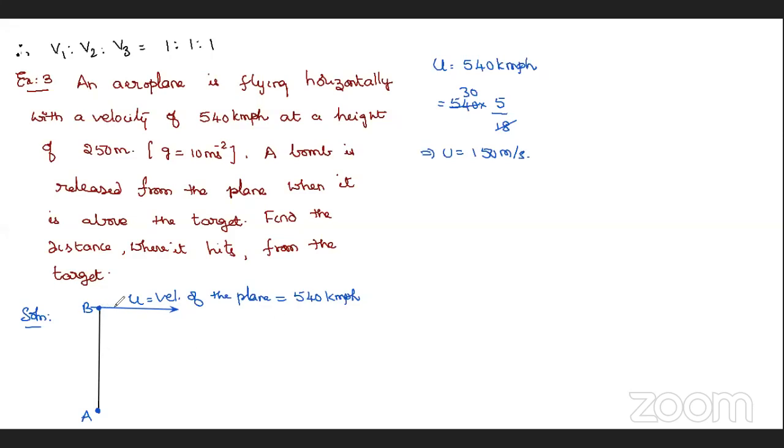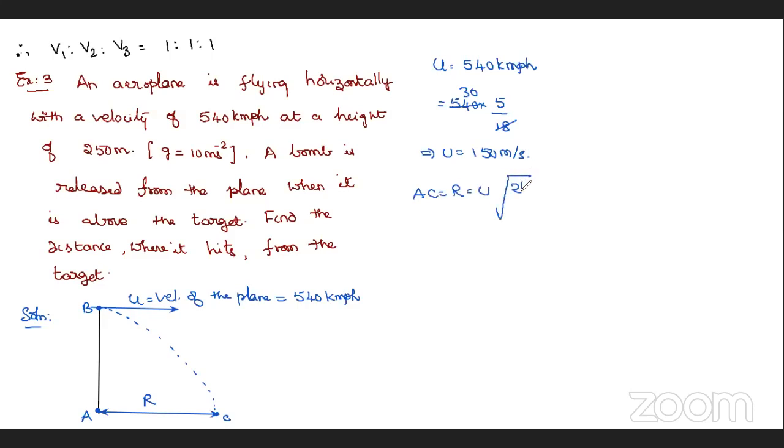As usual, after releasing from the plane, the bomb flies horizontally and hits somewhere here, at C. He is asking where it hits the ground from the target, so indirectly he is asking the range. He is asking AC. AC is nothing but range, which equals root of 2h by g.